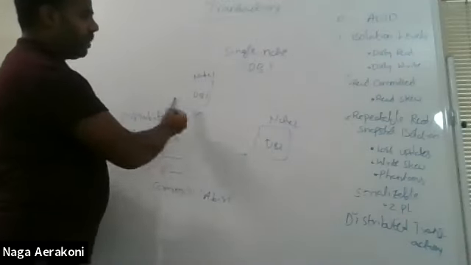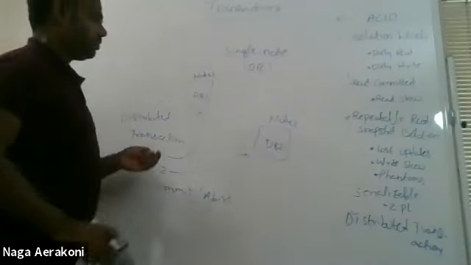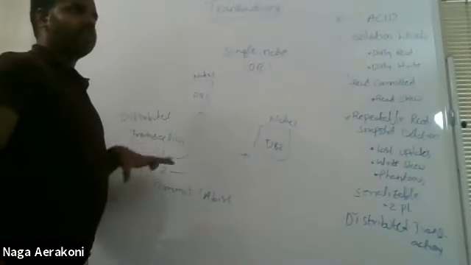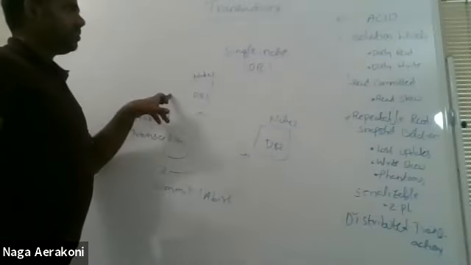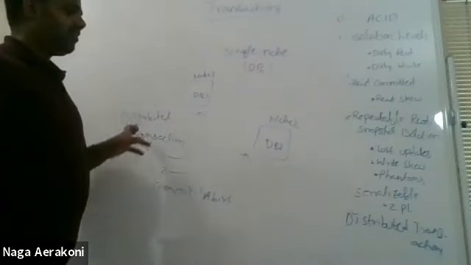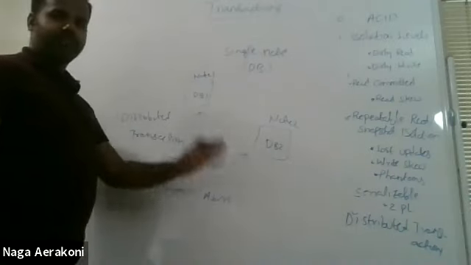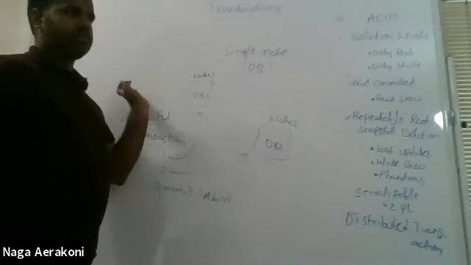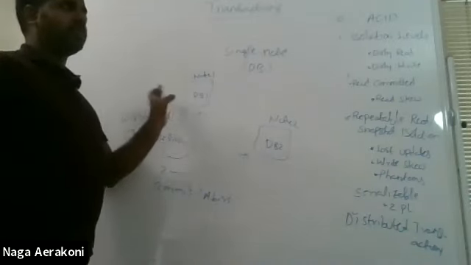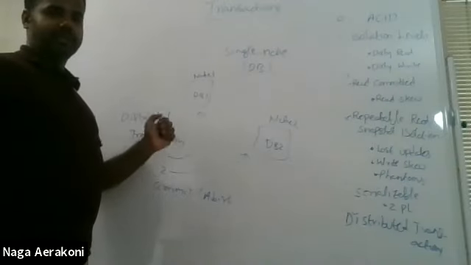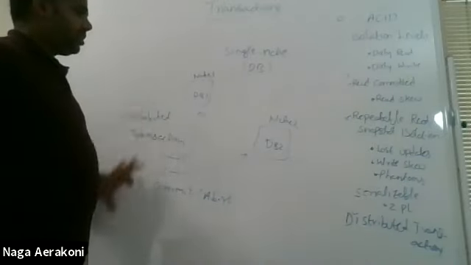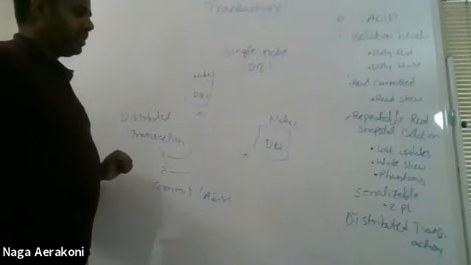But now when you have multiple nodes, you need to make sure that you still have atomicity. When we say distributed, these nodes can be in two different regions or across continents. These nodes can be wherever on the internet. But you still want to ensure atomicity.